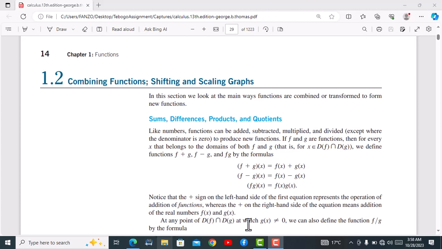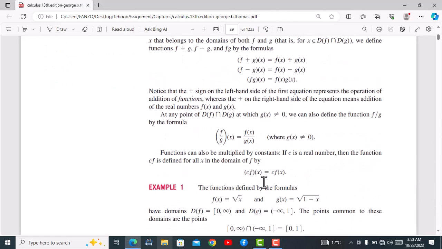At any point of the domain where f intersects with g, at which the denominator g at x is not equal to 0, we can define the function f divided by g by the formula provided there, provided that the denominator function is not equal to 0.